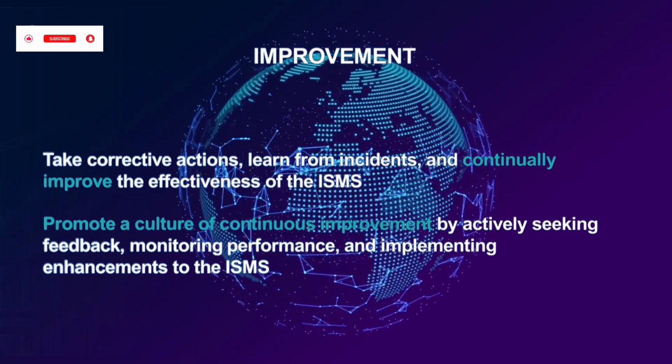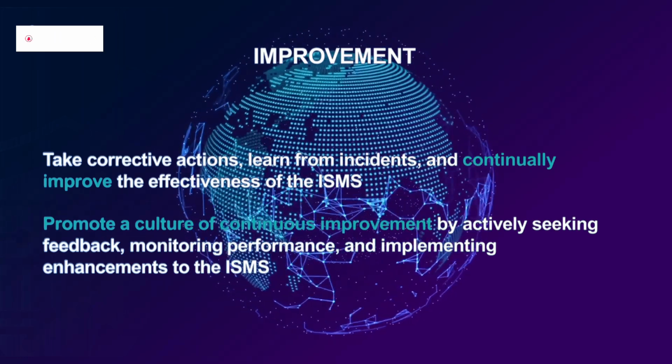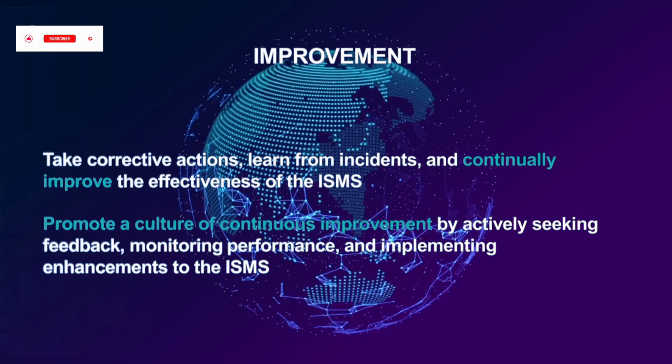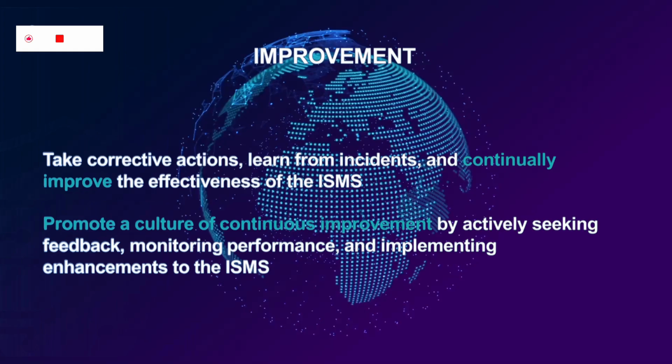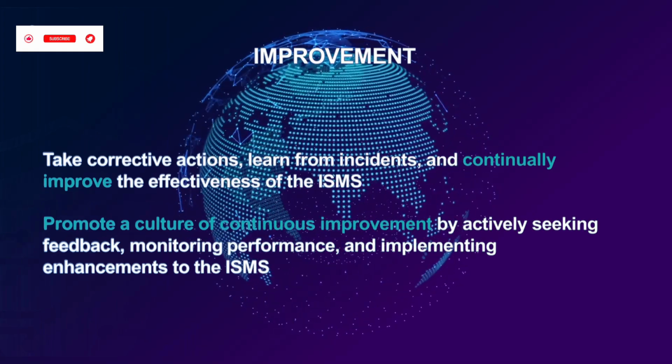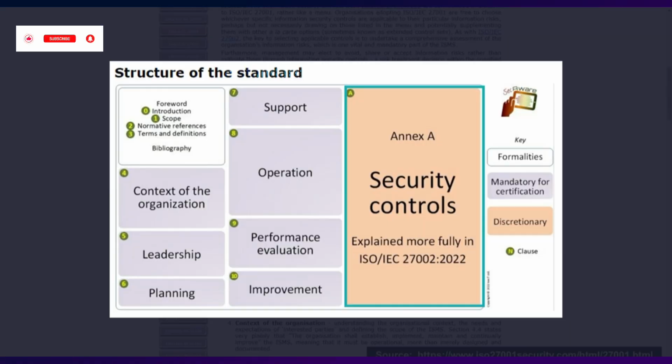It's very similar to RMF, where the RMF framework is based on NIST Special Publication 800-37 and the control catalog is NIST 800-53. So it's very similar in that regard. So we are going to pull all the controls from ISO 27002 and then we are going to implement those, and then we are going to go ahead and monitor those over time.